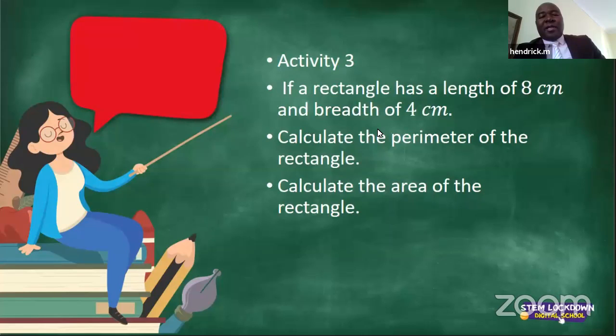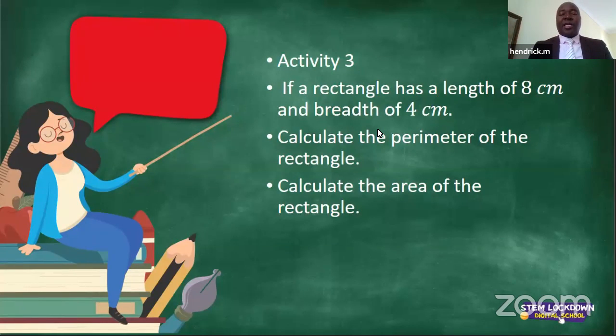Let me repeat. If the rectangle has got the length of 8 centimeters and 4 centimeters, calculate the perimeter of the rectangle as well as the area of the rectangle. Now, I was just talking about the formula to calculate the perimeter.